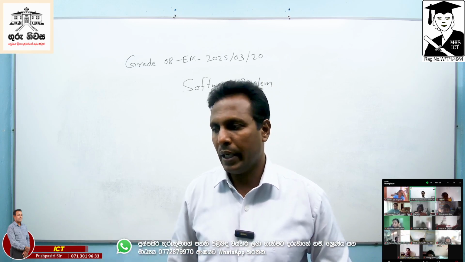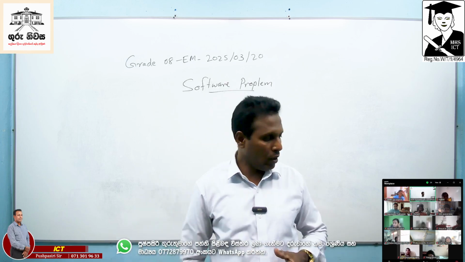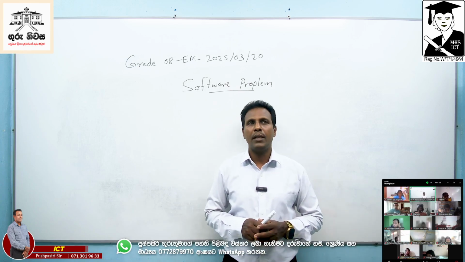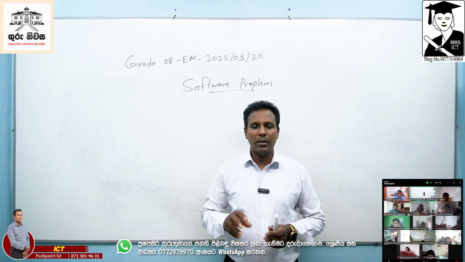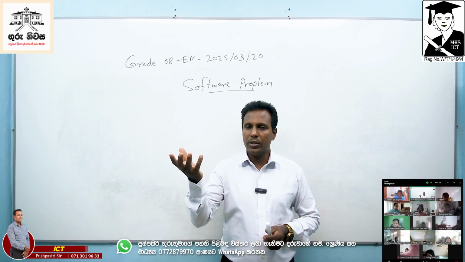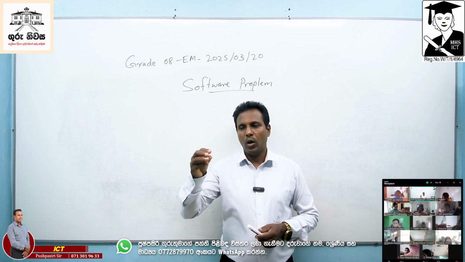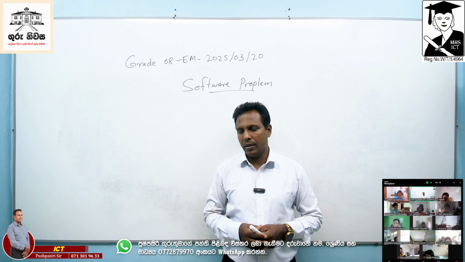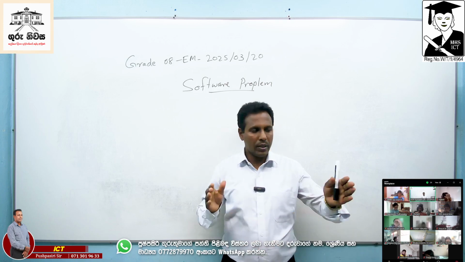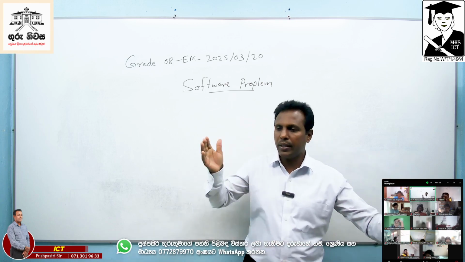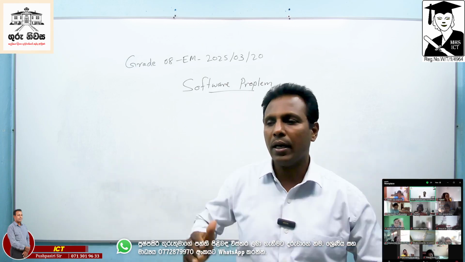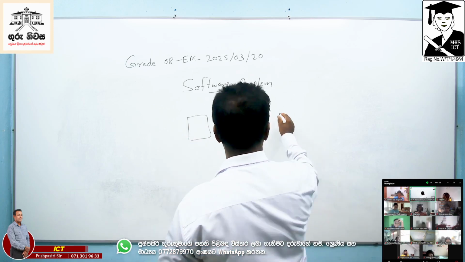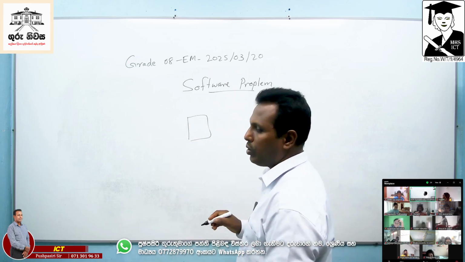For example, network is not working means sometimes that the switch is not working or switch is not connected properly, right? You know how to connect from one computer to the other computer? Here there is a computer, here there is a computer. How are you going to connect them?